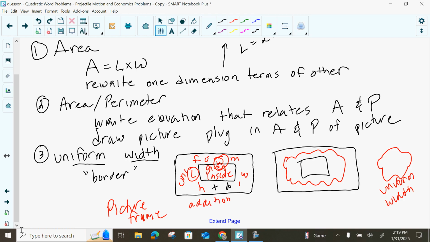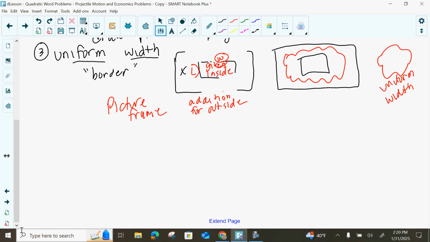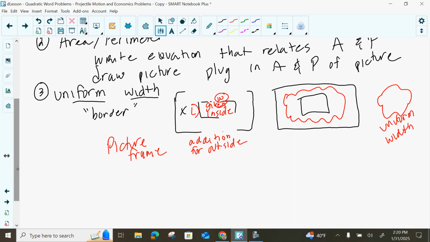So addition is used for outside dimensions. The uniform width is X everywhere. So most likely it's going to be L plus 2X and W plus 2X. And again, L and W are usually numbers.